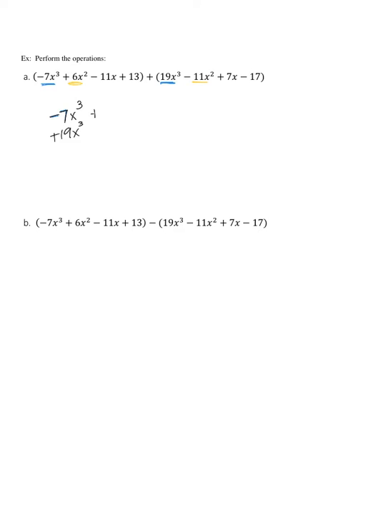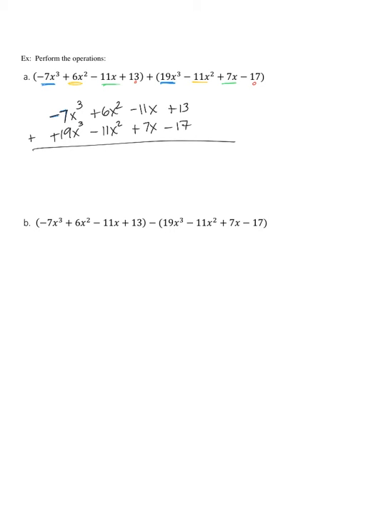So I've got plus 6x squared and then minus 11x squared. And then I'll do my x's. So minus 11x, and then we're going to add 7x with those. And finally, we'll do our numbers. So plus 13 and minus 17.